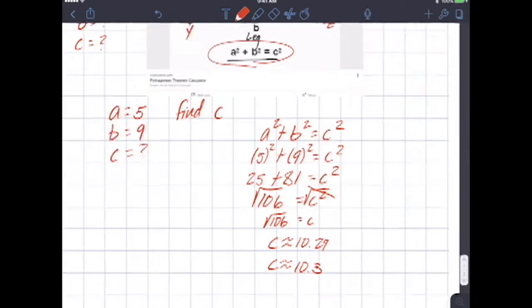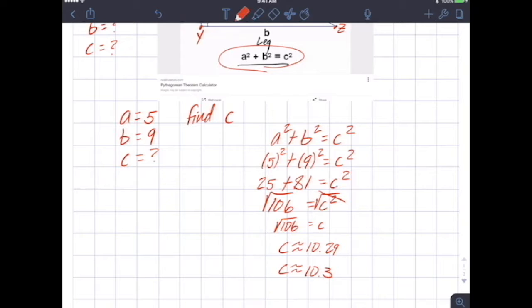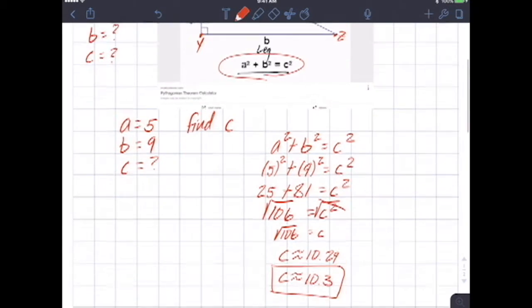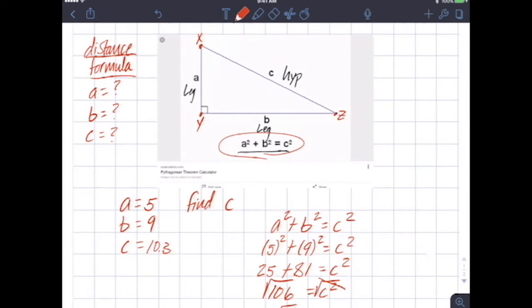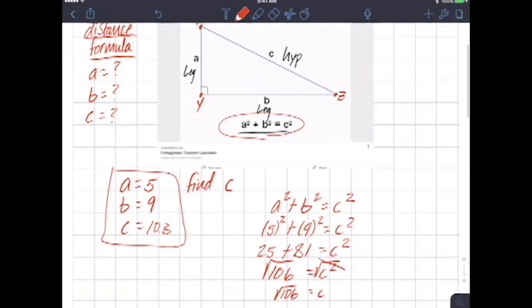Okay? There's our value right there. So that means C is 10.3. Okay, so C equals 10.3. And that's it. That's our value there. We're done. We know all the sides of the length of the leg, and hypotenuse.